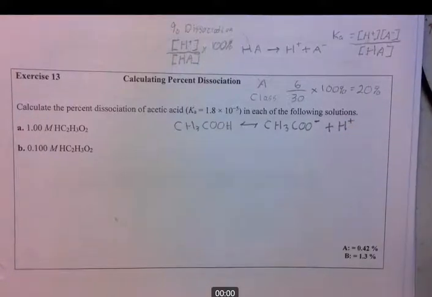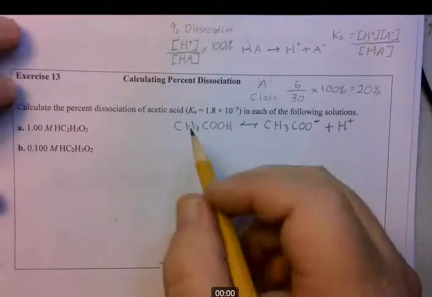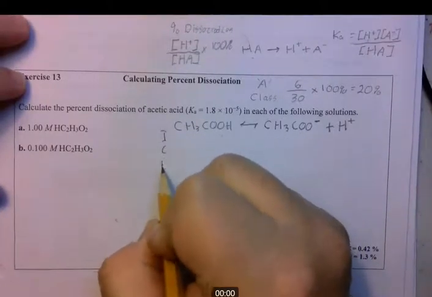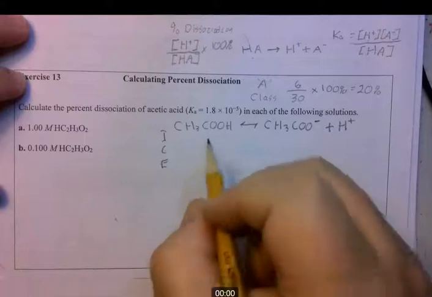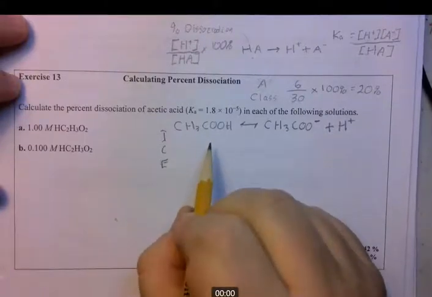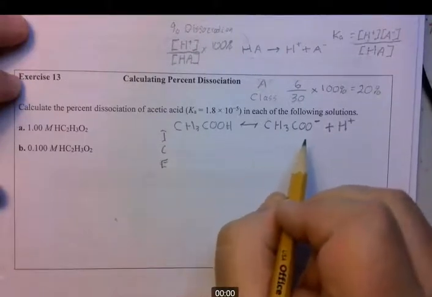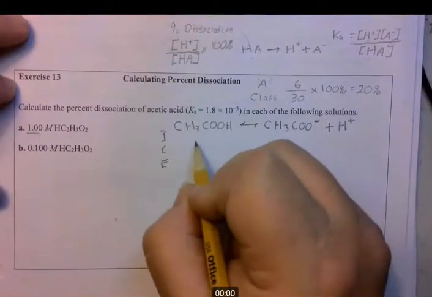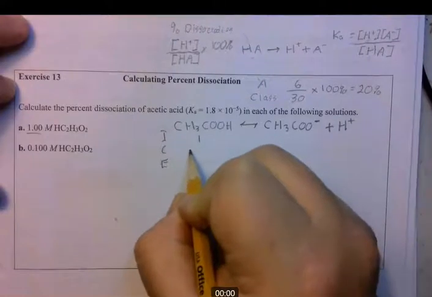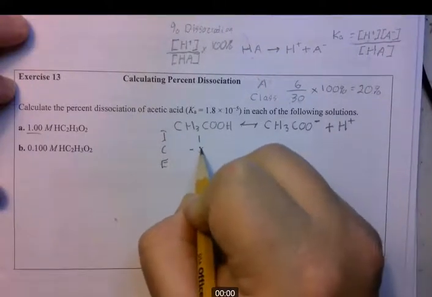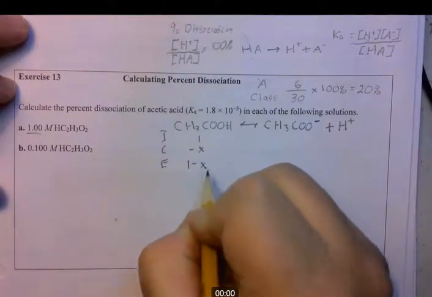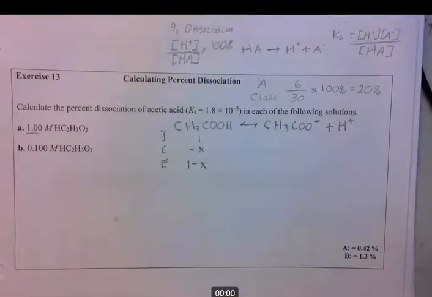Okay, so now just use that to create an ice table. So we have I, C, E, and this is going to start off with 1 molar for part A. It's going to lose some number of moles X, and that's going to give you the equilibrium of 1 minus X. You're going to get to where you can do these ice tables really quickly if you practice.